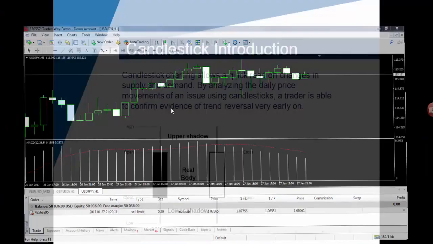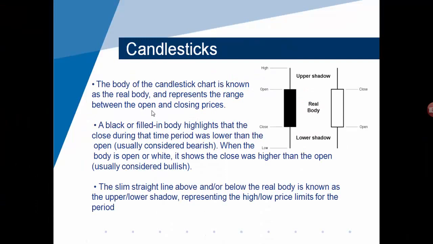Now let's get back to it. The body of the candlestick chart is known as the real body and represents the range between the open and the closing price. The black or filled in body highlights that the close during that time period was lower than the open, usually considered to be a bearish market or seller's market.